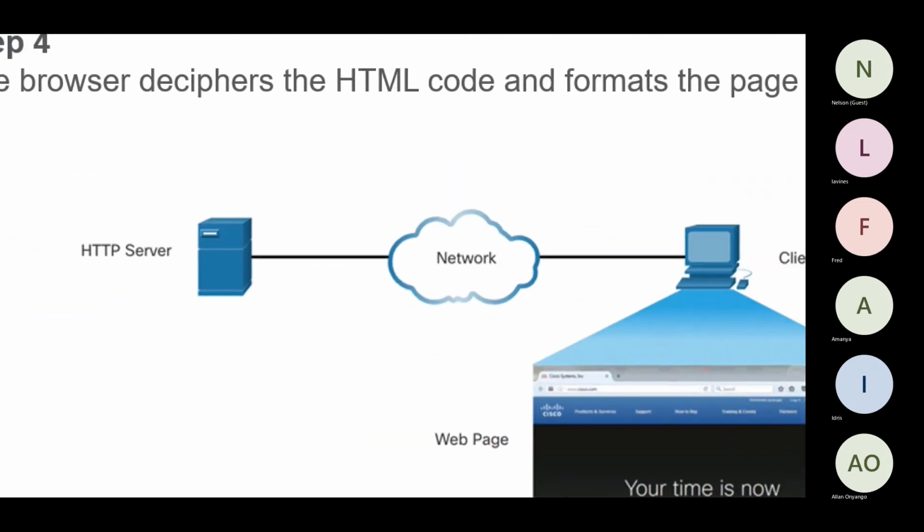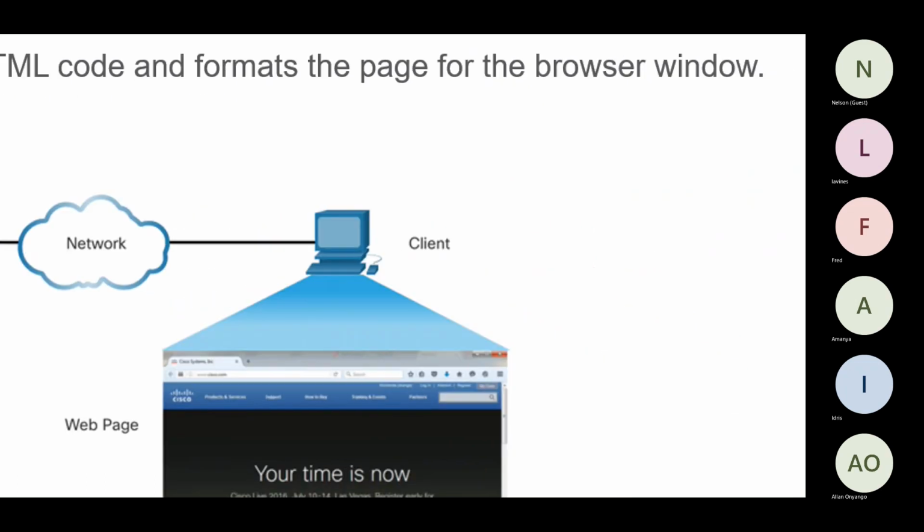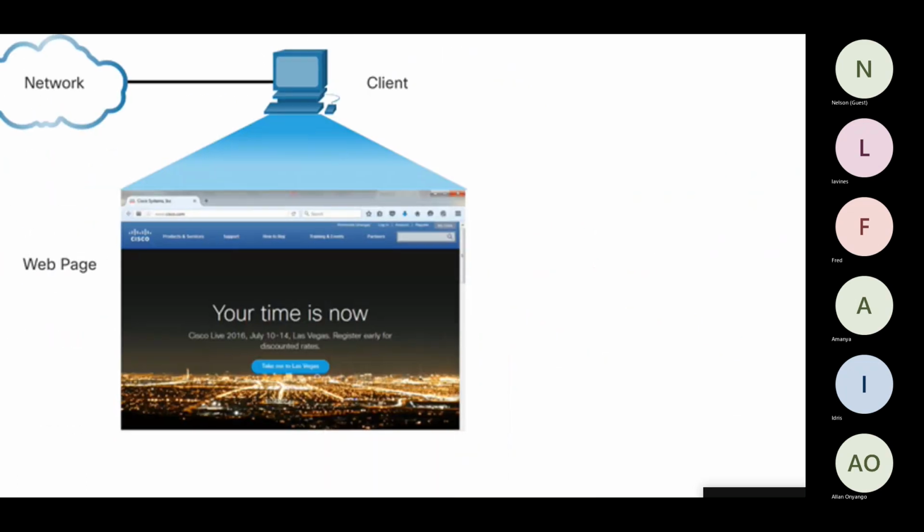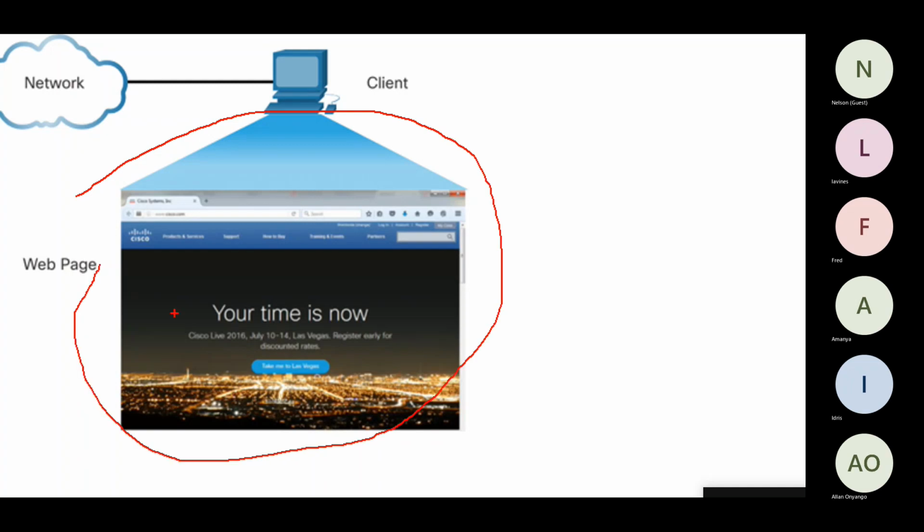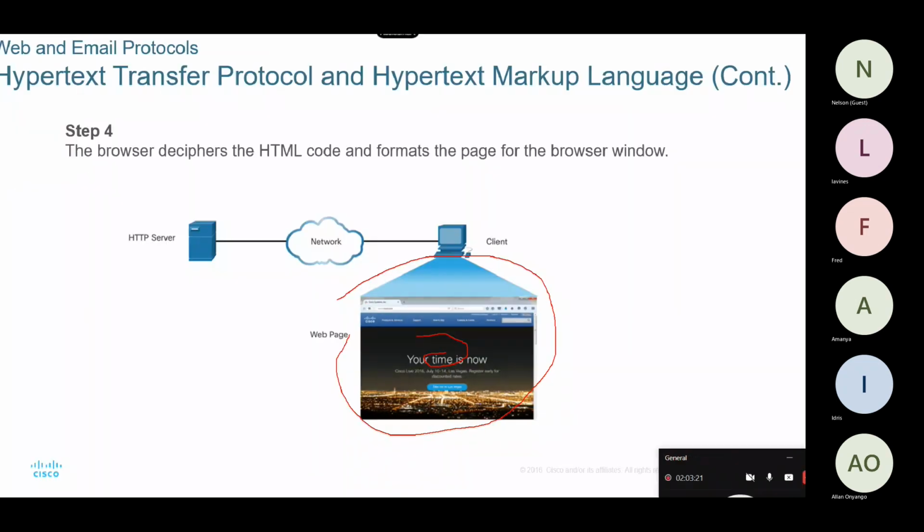The browser will decipher that HTML code into a format shown in this window, something we are able to understand, like how to log into the web server of netaka.com or Cisco or something like that. So it is the work of the web browser to interpret the HTML code into a format that we're able to read as humans.